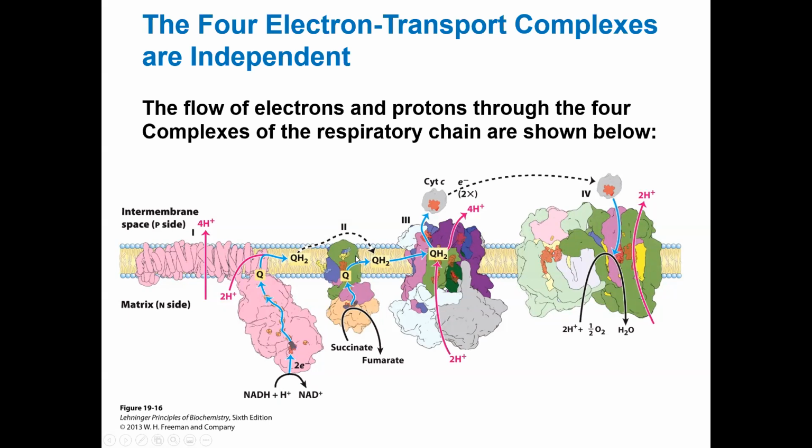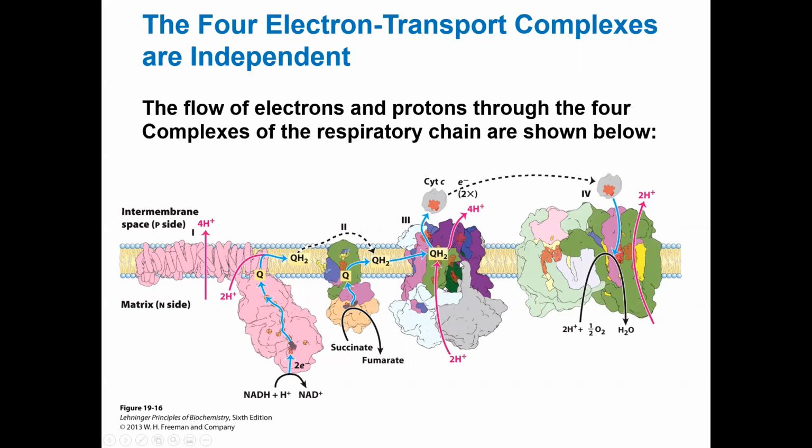Complex 2 does not pump any proton into the intermembrane space. Both complex 1 and complex 2 transfer electrons to ubiquinone, and the reduced form of ubiquinone, QH2, serves as a mobile carrier of electrons.